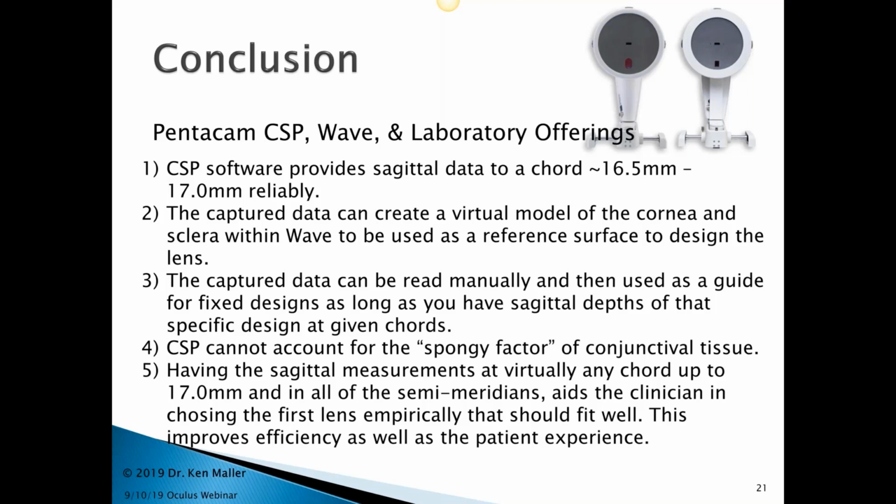And what's happened now as a result of the CSP software is I've actually been contemplating even putting a trial lens on just so I can get power, at least a ballpark power, for what I'm going to need for my scleral lens design, because these first lenses that I'm getting that have been fit empirically directly off of the CSP software have been fitting really so wonderfully.